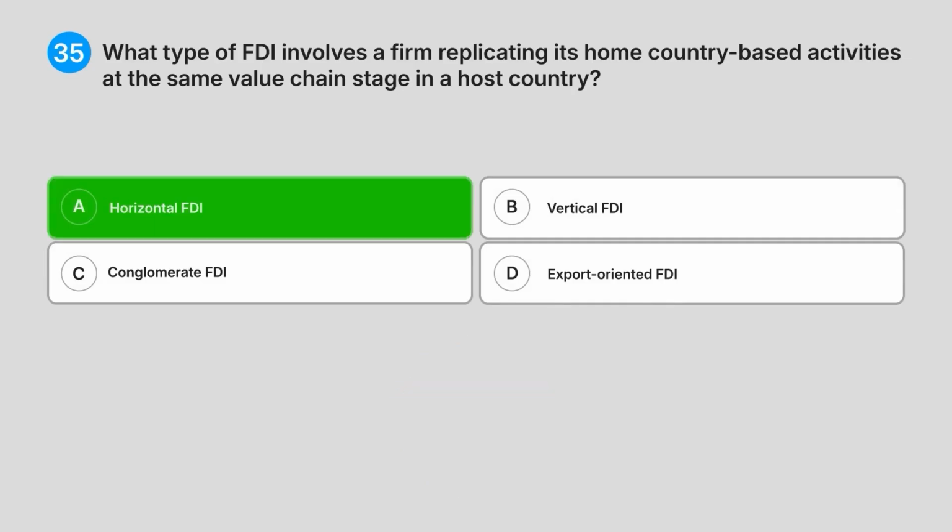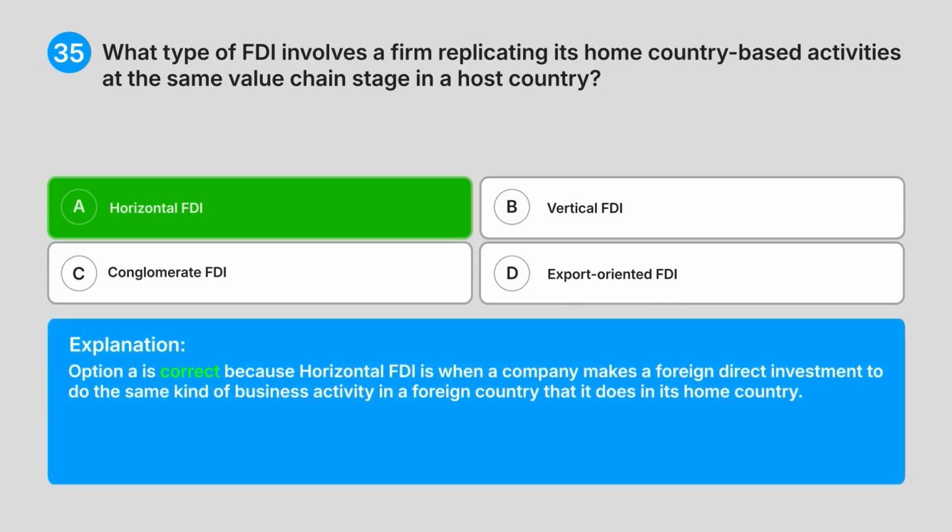Correct answer, A. Horizontal FDI. Explanation. Option A is correct because horizontal FDI is when a company makes a foreign direct investment to do the same kind of business activity in a foreign country that it does in its home country.